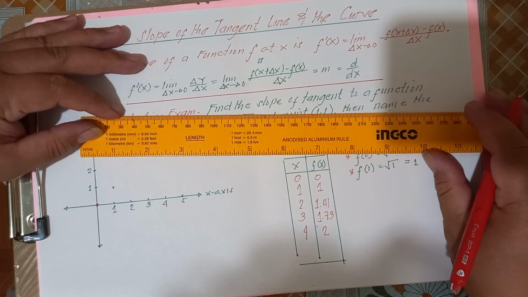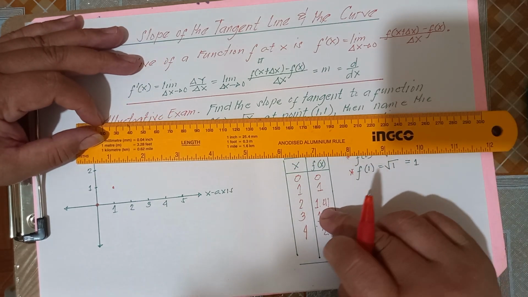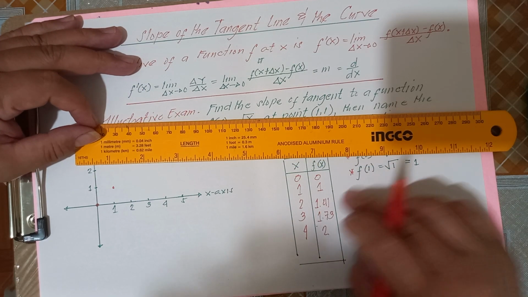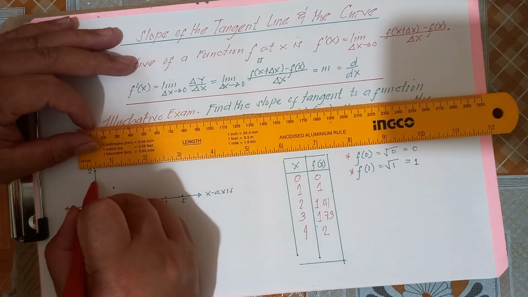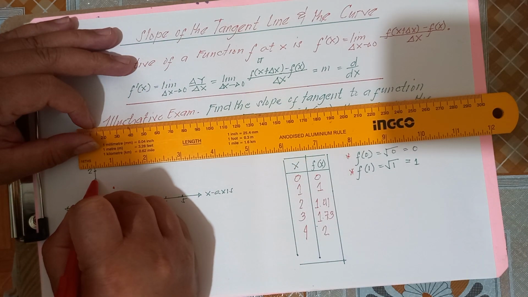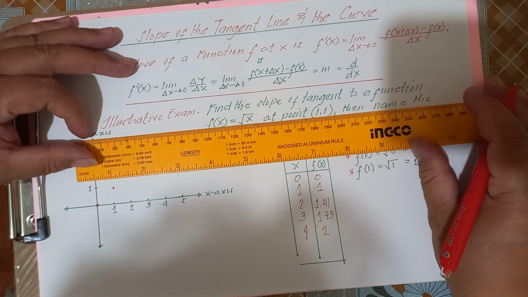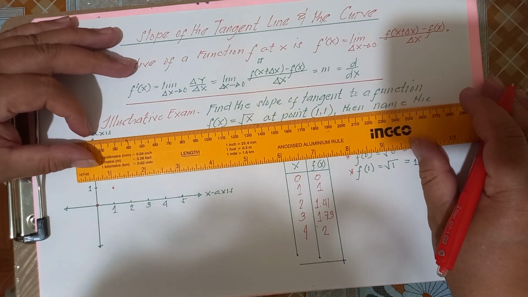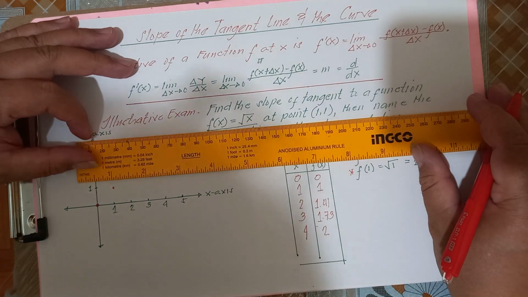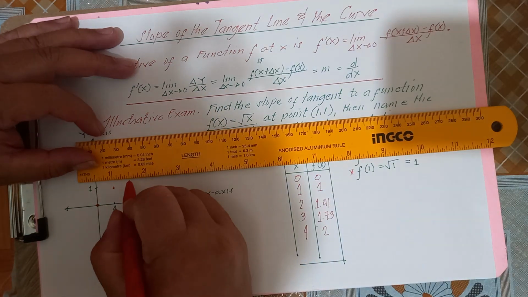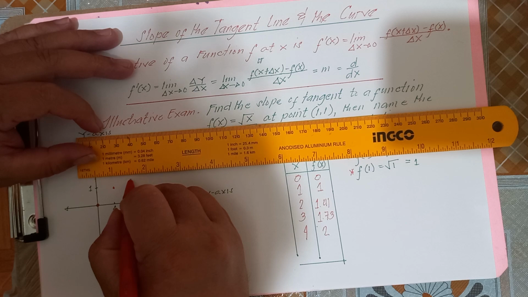So if I have 2, now at least I have 1.41. So if this is 1.50, just below the 1.50, that could be 1.41. More or less it is located in here.